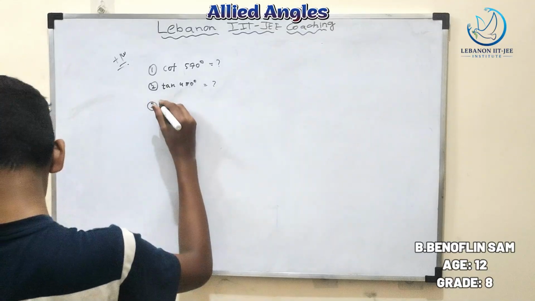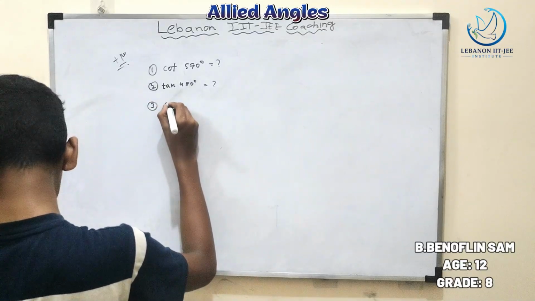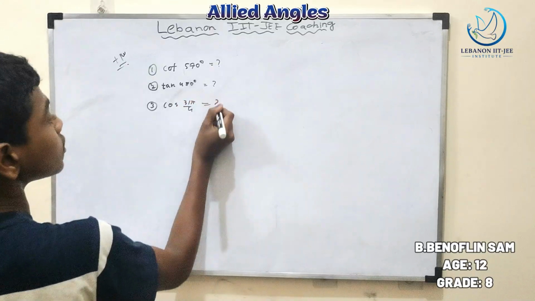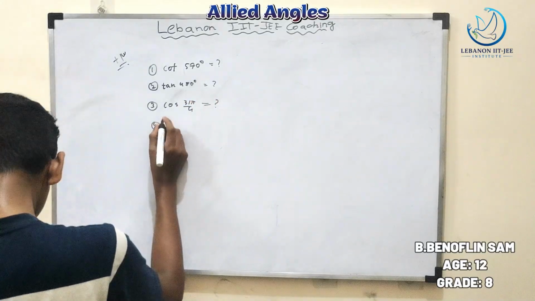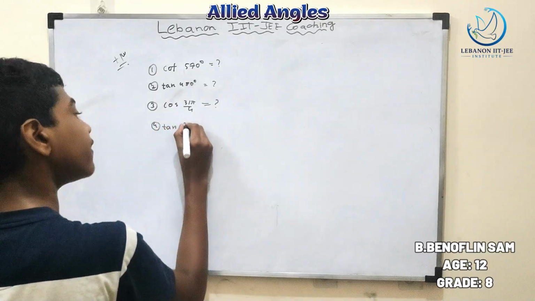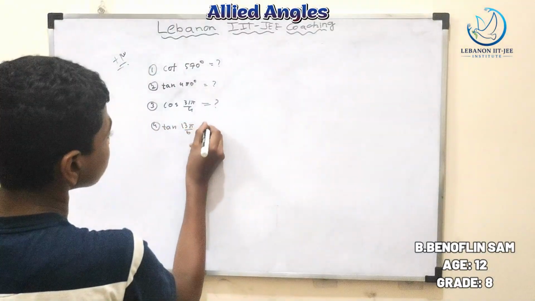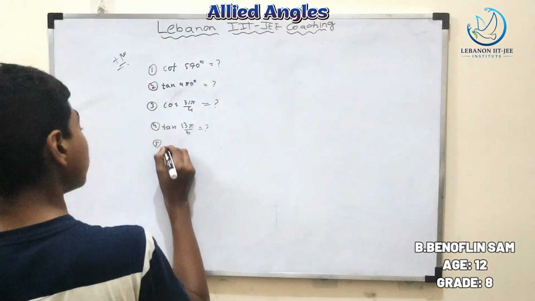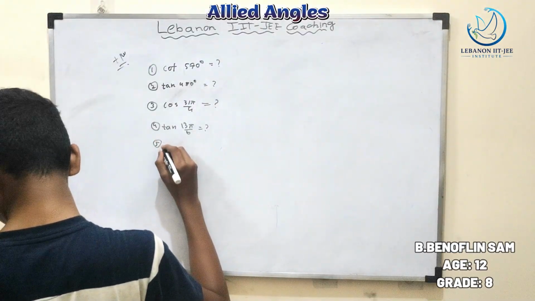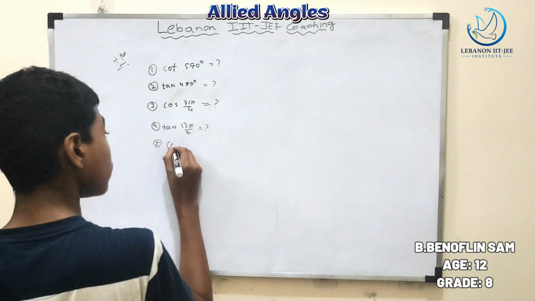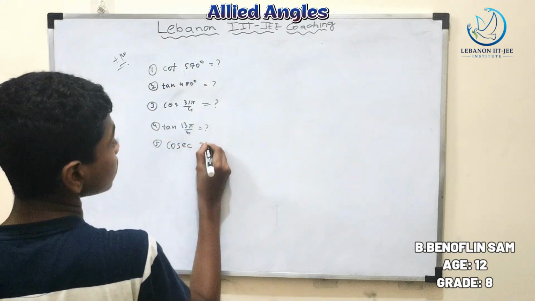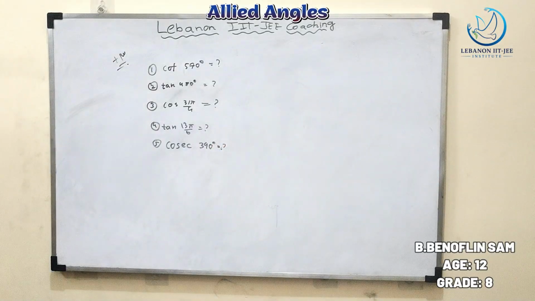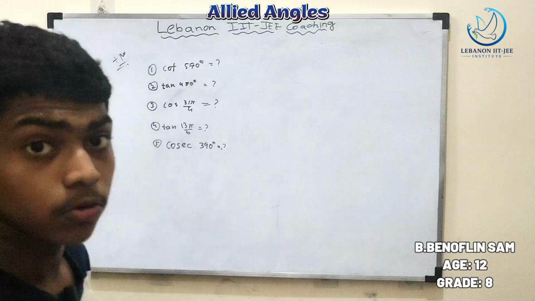Number 3, cos 31 pi by 4 is what? Fourth one, tan 13 pi by 6 is what? Fifth one, last but not least, cosec 390 degree is what? So these are the homework. You have to do it.